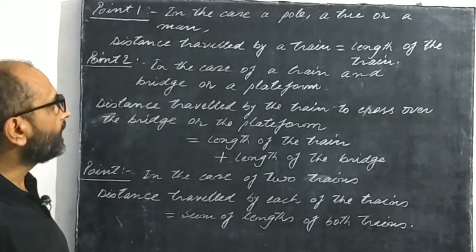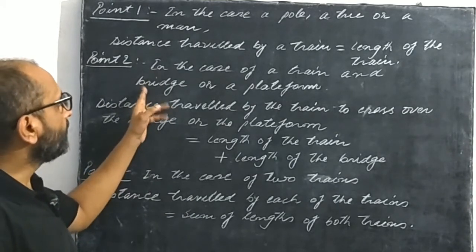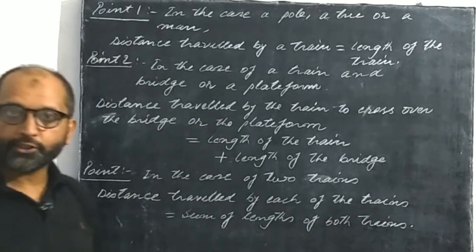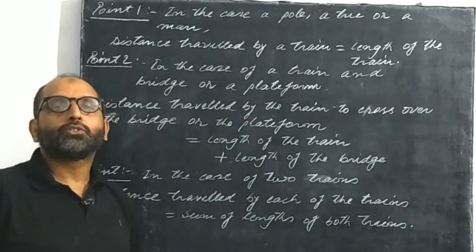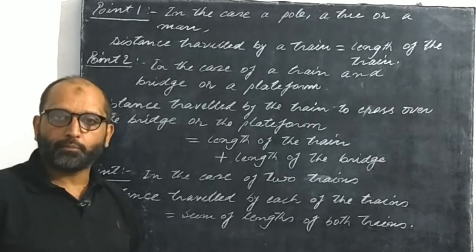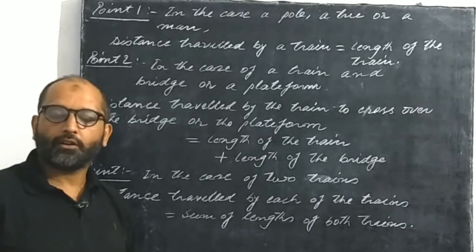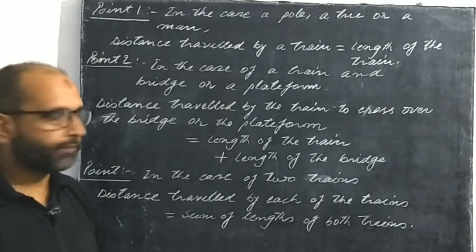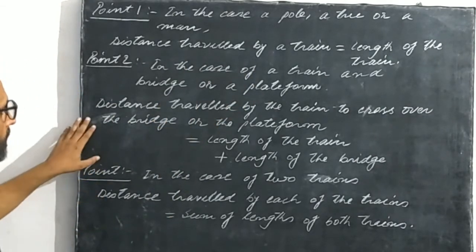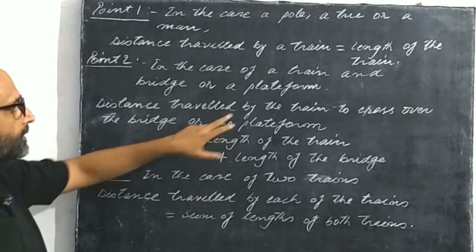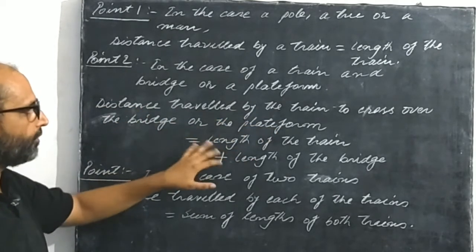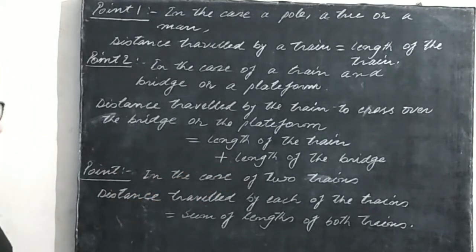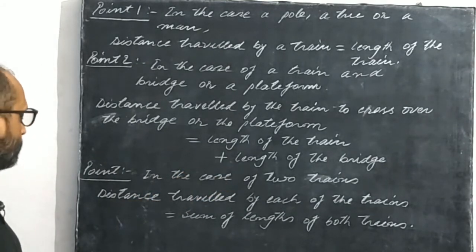As in the second case, we are taking a train and a bridge. The length of the bridge is not negligible in comparison to the length of the train, so we have to add them both to find the distance traveled by the train. In the case of a platform, the same thing. So the distance traveled by the train to cross over a bridge or a platform is equal to length of the train plus length of the bridge or platform, whatever is the case.